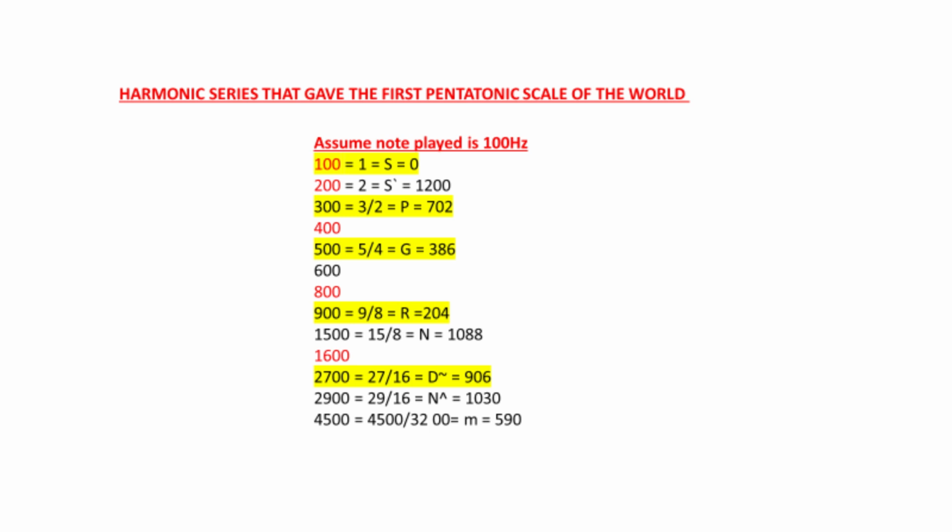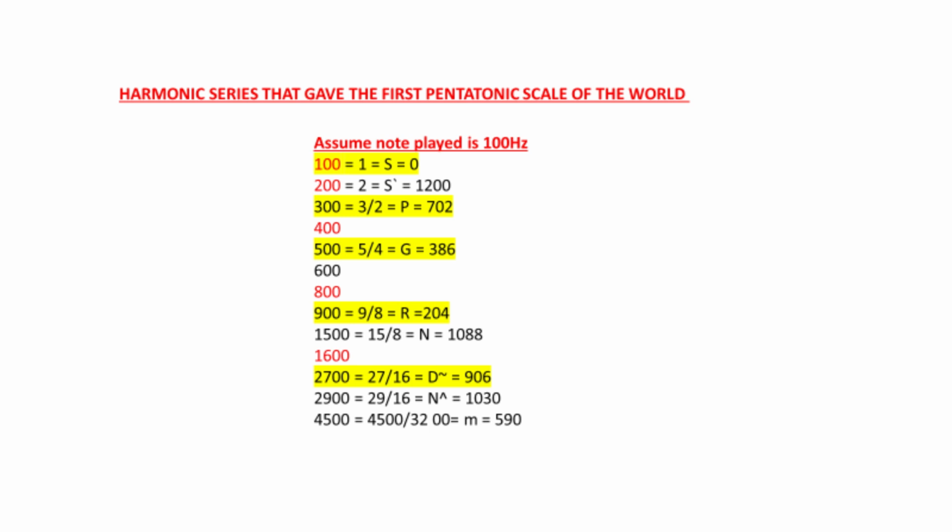In this slide, we see how the world derived the first pentatonic scale, or the major pentatonic scale, what we call Shankarabharanam minus 4 and 7, that is no perfect fourth or major seventh. The pitches highlighted in yellow are the major scale: Sa 0, Pa 702 cents, Ga 386 cents, Ri 204 cents, and Dha 906 cents.